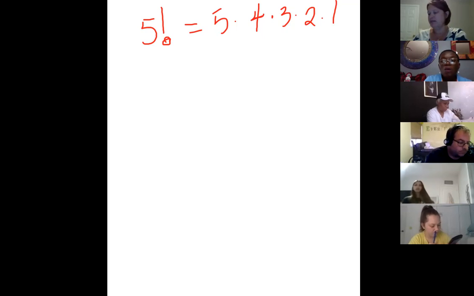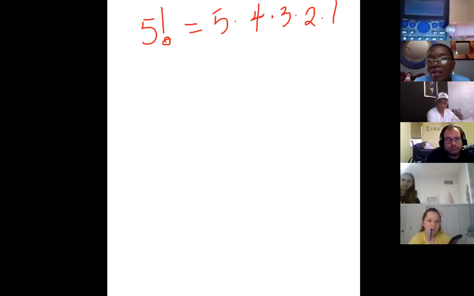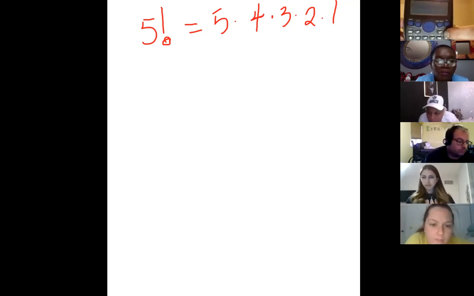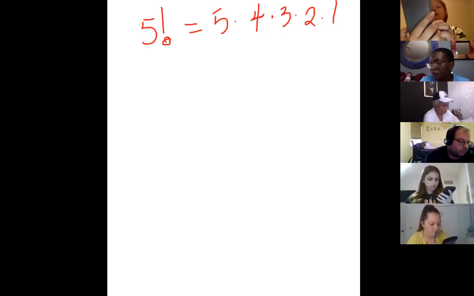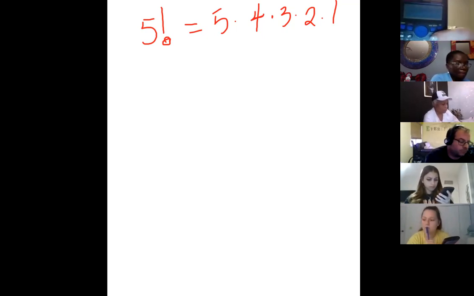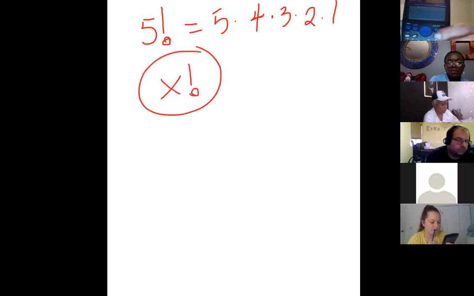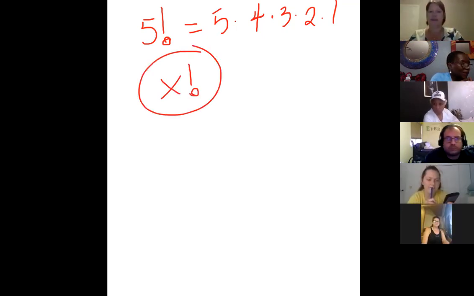Oh, so it's above the x to the negative 1 power? Yeah. All right, guys, look for yours. You have to hit the shift. It looks just like this.